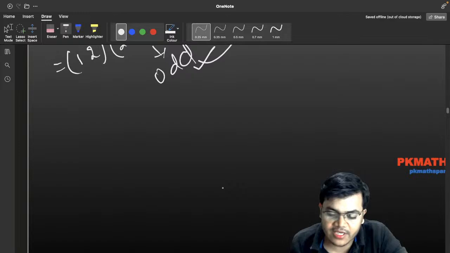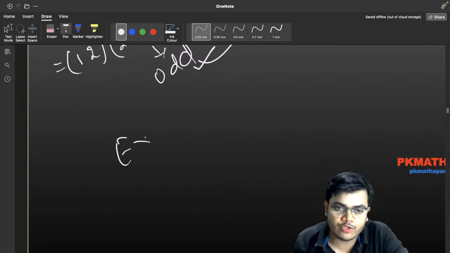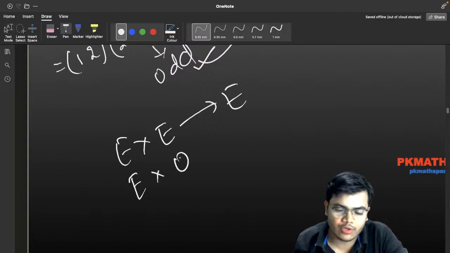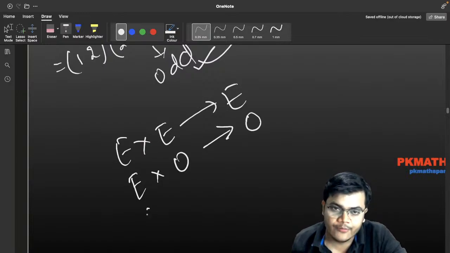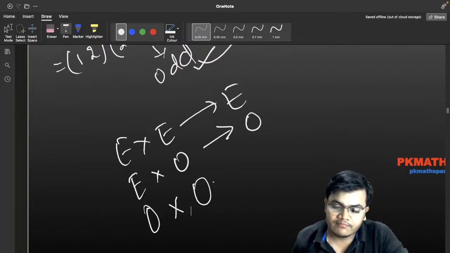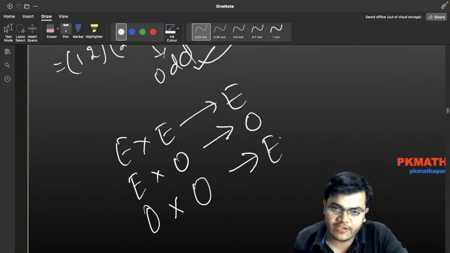One more interesting thing: the product of 2 even permutations is once again even, you know already. If you have an even permutation and an odd permutation, then the product will be odd. If you have an odd permutation and an odd permutation, then you will get an even permutation.